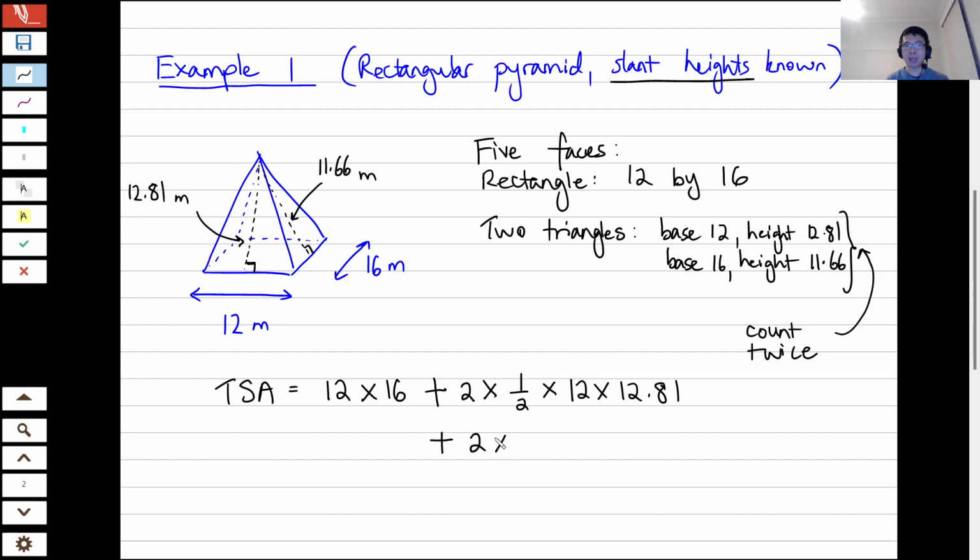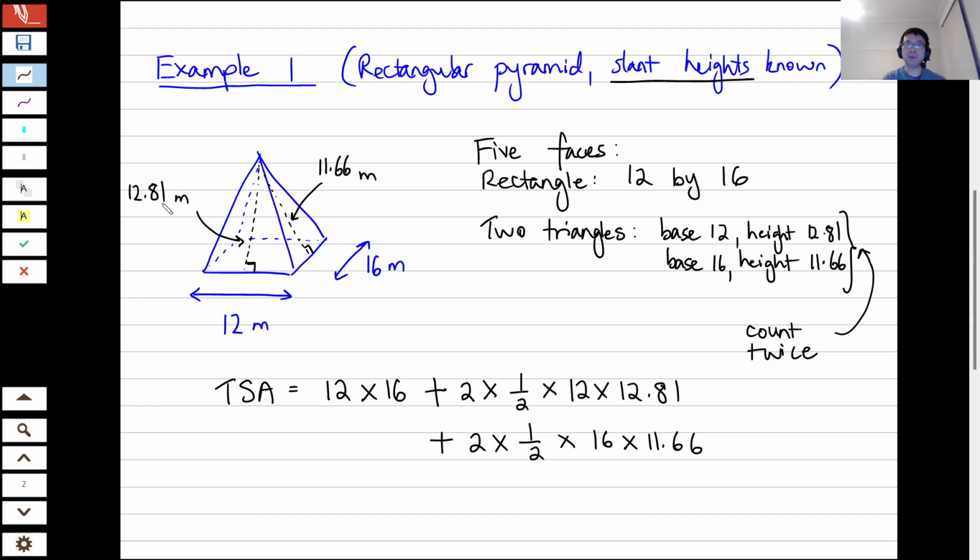And then I'm going to add the area of the second triangle, which is half times 16 times 11.66. And then I double it because I'm also counting the left and the right triangle twice. Okay.